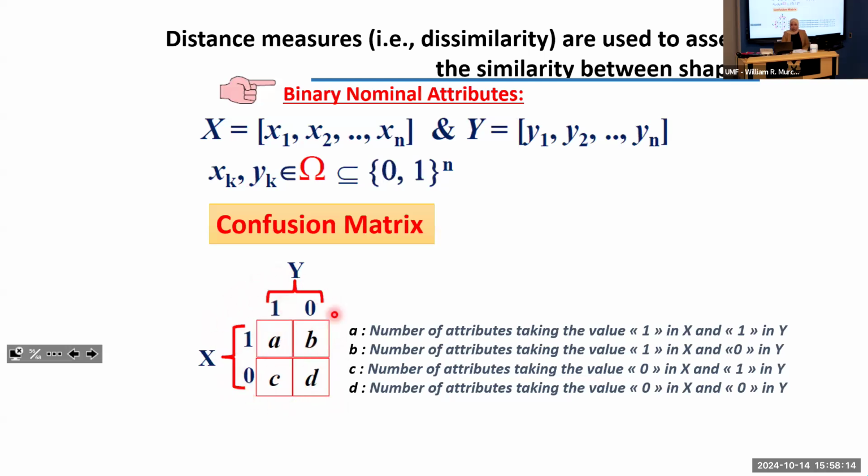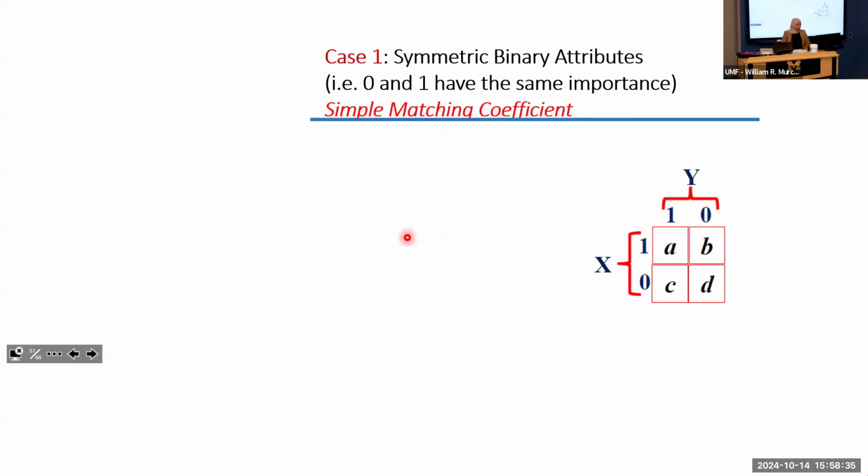This matrix represents a quantitative representation of whatever is, at the start, qualitative. So let's see the first case: symmetric binary attributes, where we give the same importance to both 1 and 0.